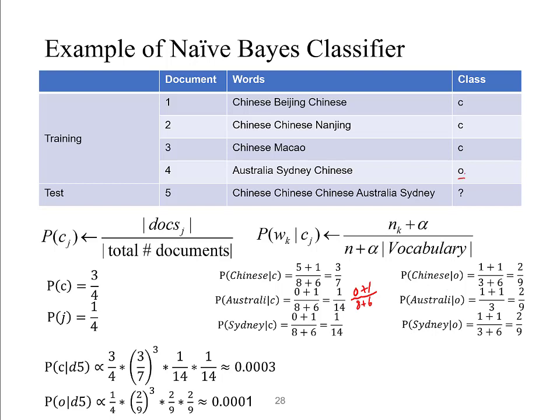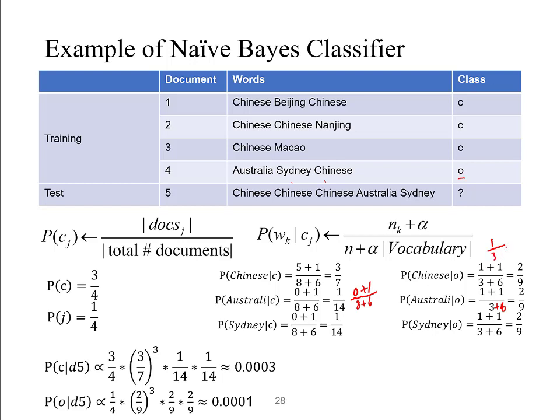And for O, because in O we have Australia, Sydney, and Chinese, these 3 terms or words, you can imagine that the numbers would all be the same. Here would be 3 plus 6. So for Chinese given O, Chinese only occurs once in O, and the total number of words in the class label of O is 3.